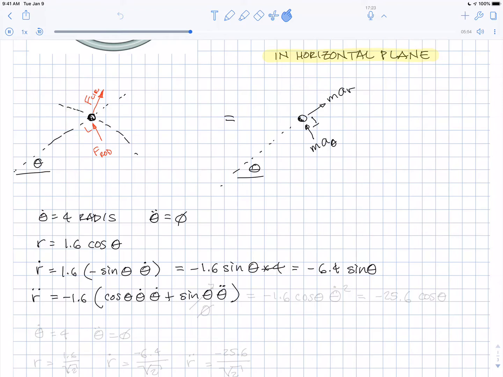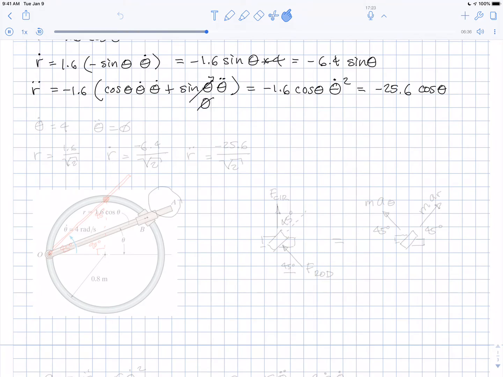And r double dot equals, that one is going to be 0 because theta double dot is 0, minus 1.6 cos theta times theta dot squared, and theta dot was 4, so 16 times 1.6 is 25.6. Okay, so that's pretty straightforward.